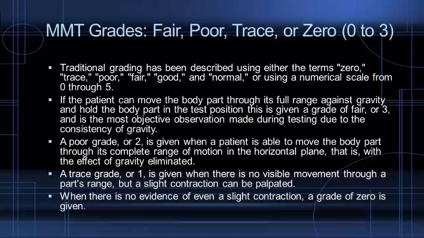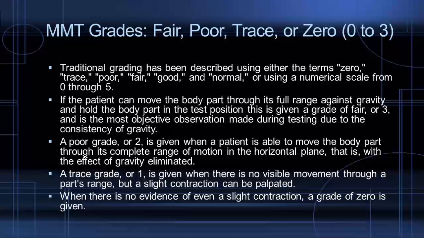So if the patient can move their body part through the full range of motion against gravity and hold the body part in the test position, for example shoulder flexion, you move actively against gravity through the full range of motion, and you can hold that arm out against gravity, they get a 3. And that is the most objective observation made during testing, because gravity is gravity and it stays the same.